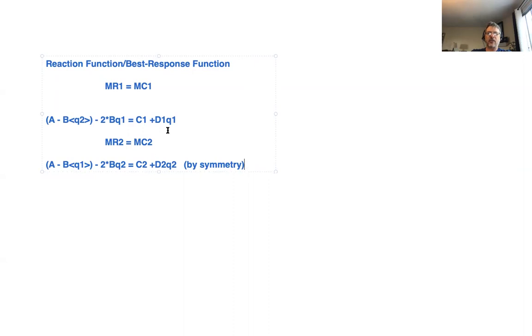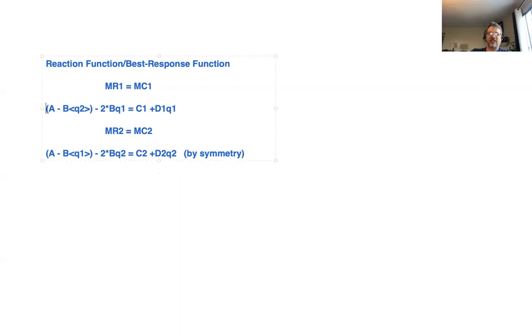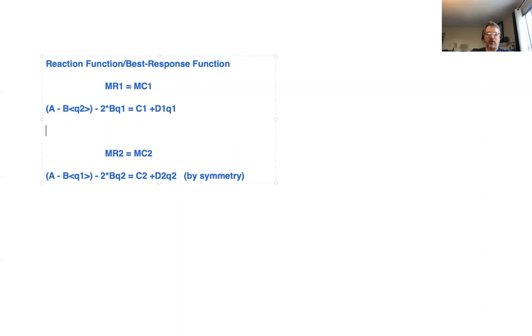Okay, so we have to formulate the reaction function for firm one and the reaction function for firm two. So this is the first stage, right? And then I told you the next part is to say the reaction function itself, RF. What that means, and it looks like this: Q1 is equal to some function of Q2's output.